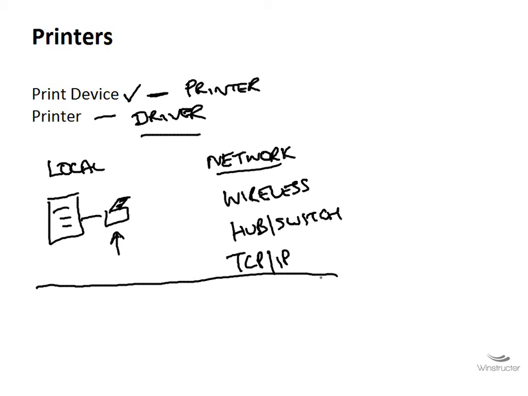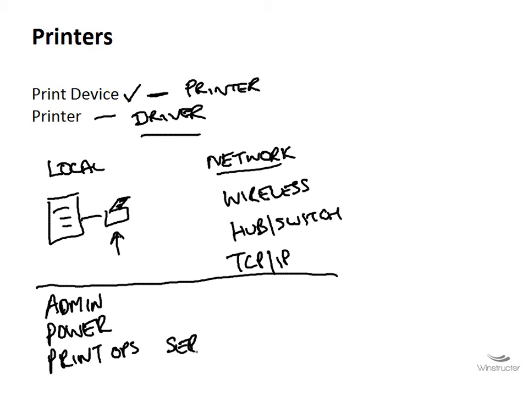Now, to be able to add a printer to your server, first of all, you must be a member of the administrators group, the power users group, the print operators, or the server operators groups, and anything less, you'll be denied the ability to add a printer to your server.